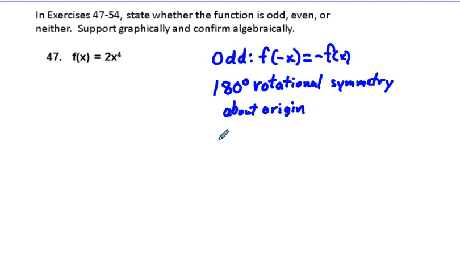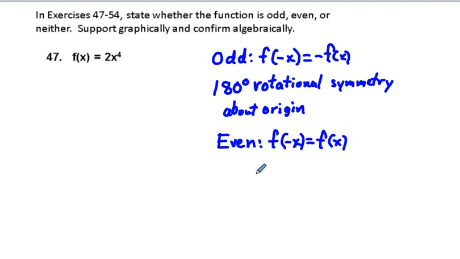And then for even functions, the textbook definition is if we have f of negative x, that's going to be equal to f of x.